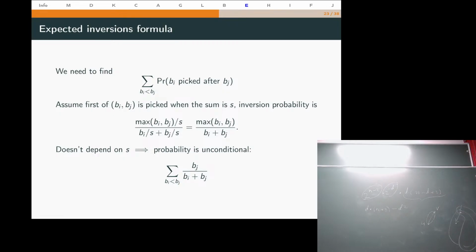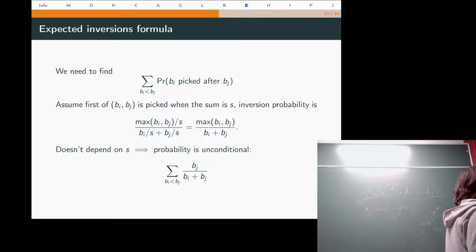In this case, the probability that some specific element is picked is this element over the sum, and then we have the probability that the maximum element is picked, bj over s, divided over the sum of probabilities that one of these elements is picked. And we can see here that this over s factor just factors out.